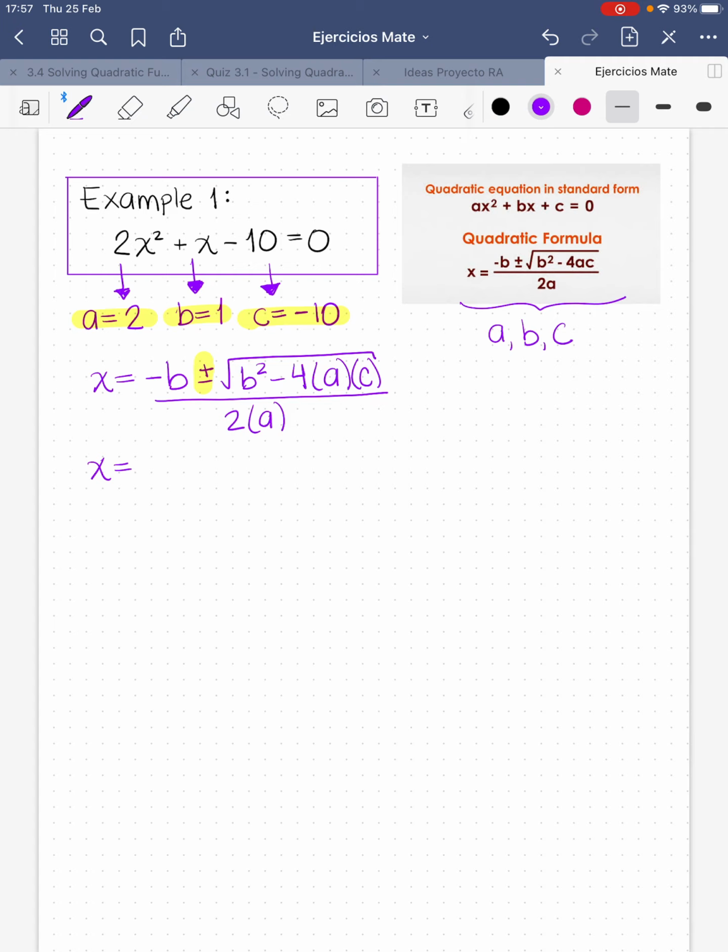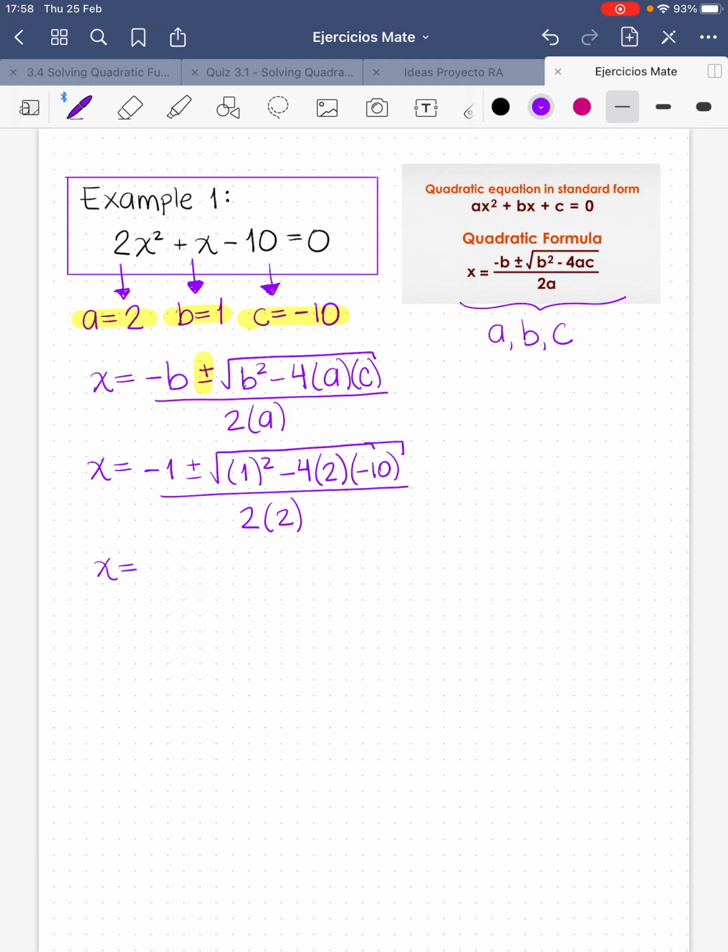So negative b, since b is 1, so it's negative 1. Plus minus the square root of b squared, b is 1, so I'm just substituting instead of b, I'm writing a 1. Then minus 4 times a, which in this case is 2, times c, which is negative 10, okay? And then divided by 2 times 2, because a is equal to 2.